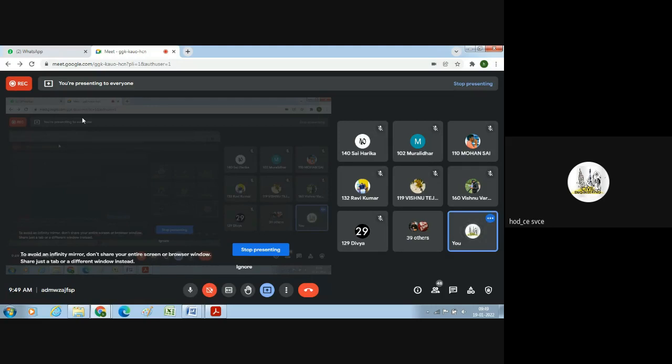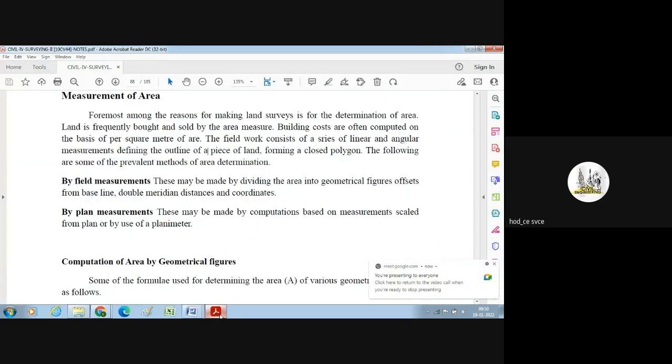We should know the area for different shapes as well as its volume. Once you know the area, multiply with the length, then you'll get the volume, right? So what is our aim? We need to calculate the area. That we are going to learn in our third topic, computations of area and volume.